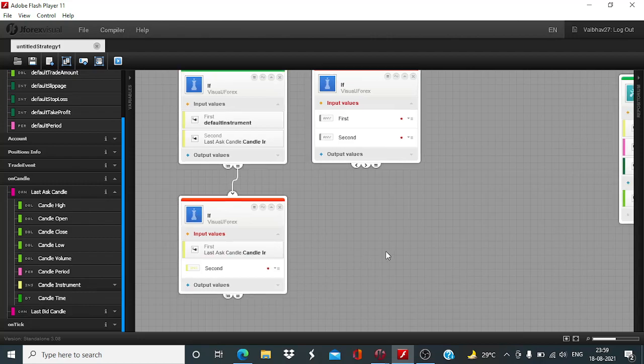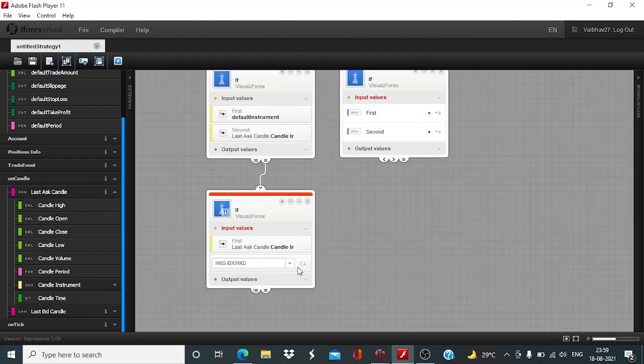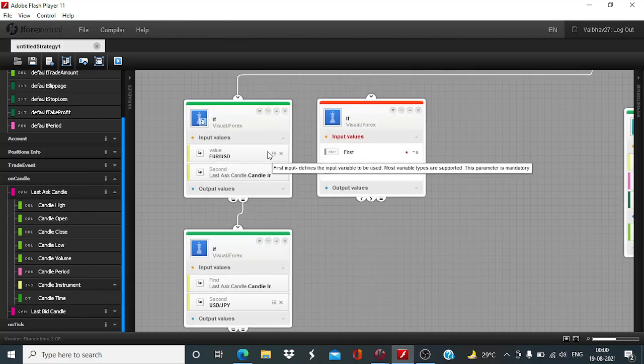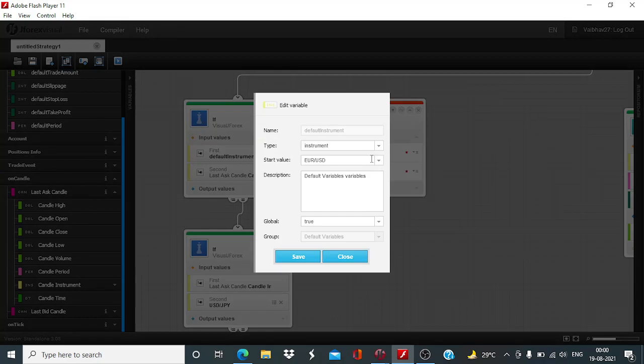And then the candle instrument should match the instrument of choice. This time around, we are using the USD JPY. Here it is. Here also, the instrument will need to be changed.